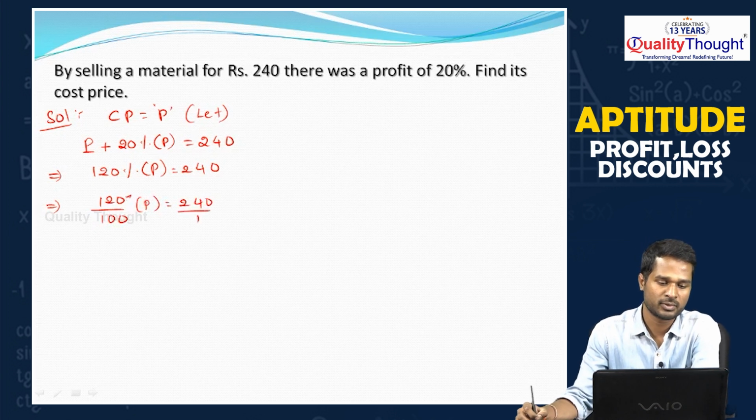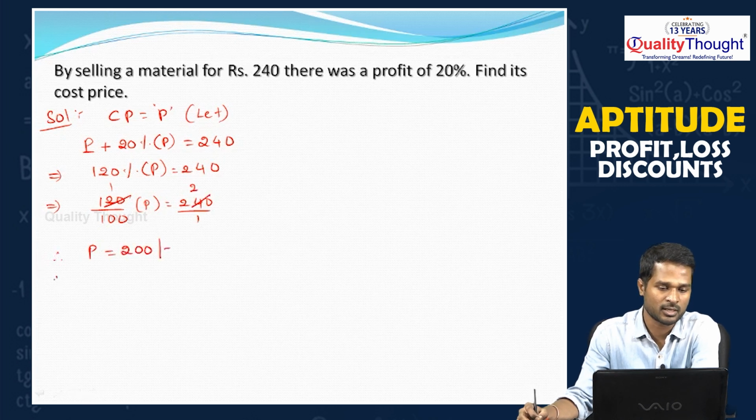Cross multiplying, P into 1 is P, equal to 2 into 100, which is 200 rupees. That means P is nothing but the cost price. So, the cost price is equal to 200 rupees.